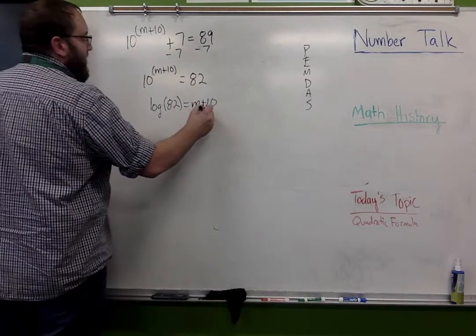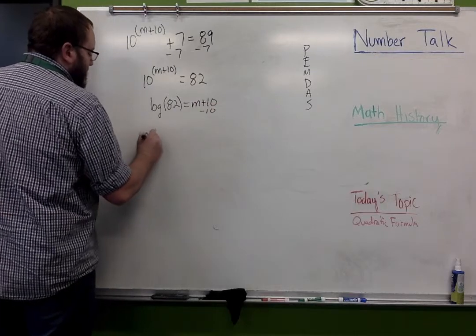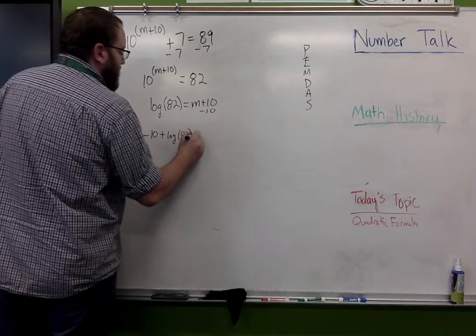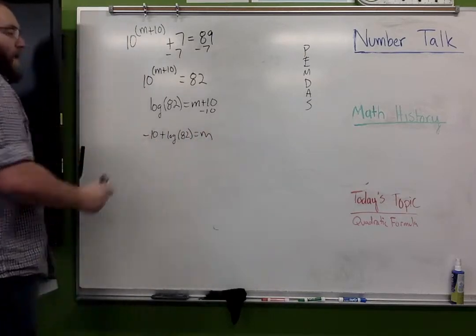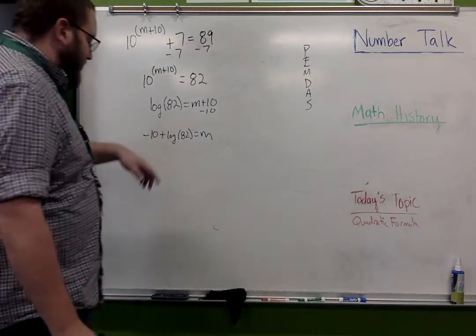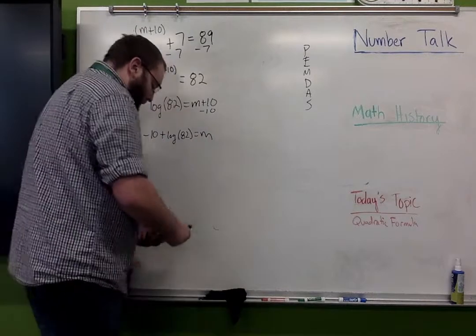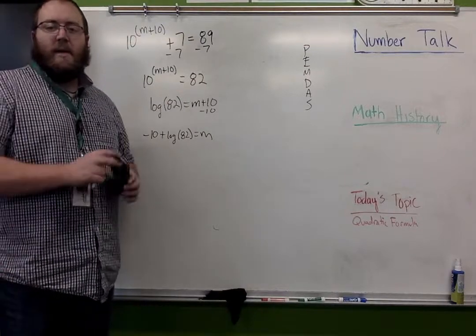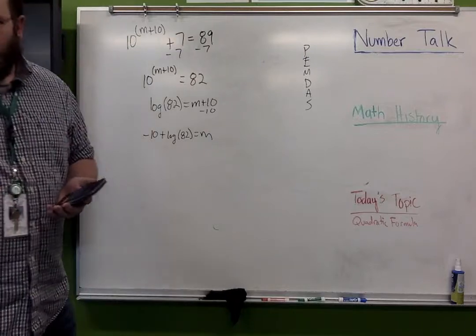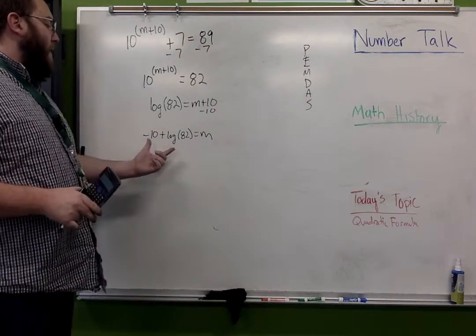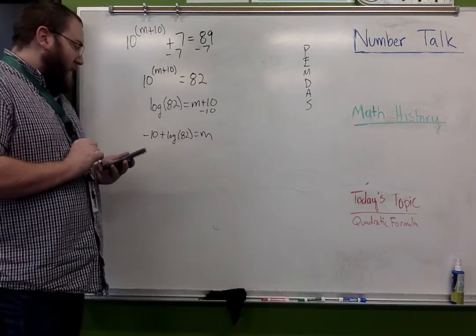Okay, now I subtract 10 from both sides. So negative 10 plus common log of 82 is equal to m. That is your exact answer, right? But common log of 82 is an infinite decimal. So I want you to round to 3 decimal places. Okay, look at your directions. It says round to the nearest thousandths place if needed. We need to round to the nearest thousandths place here. So let's see.